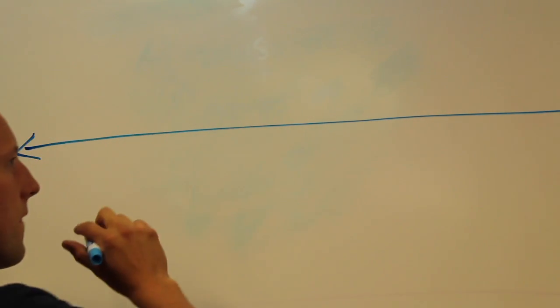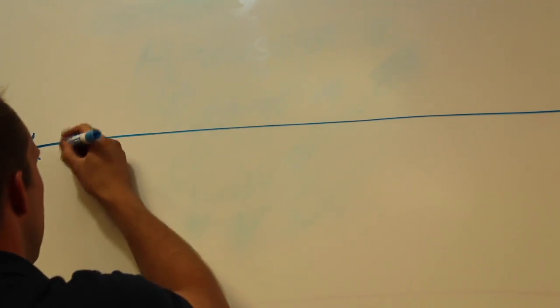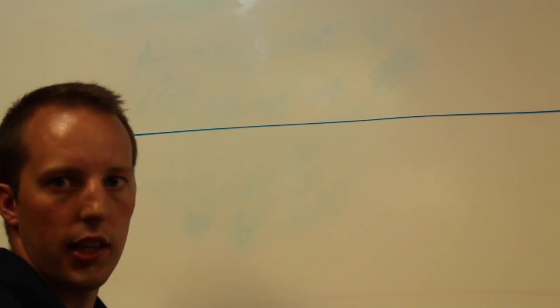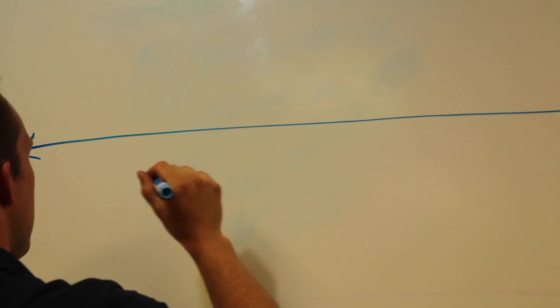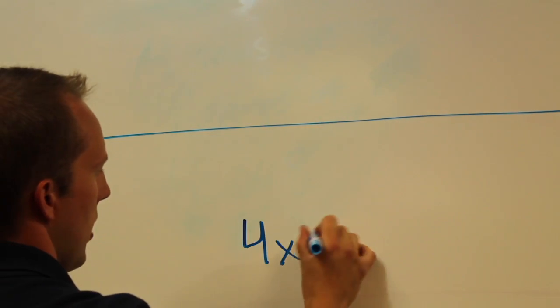So we're going to start by drawing an open number line. An open number line just means you're not going to go up by ones for each tick. You're just going to keep it open, and that allows you a little more freedom as you're working through it.